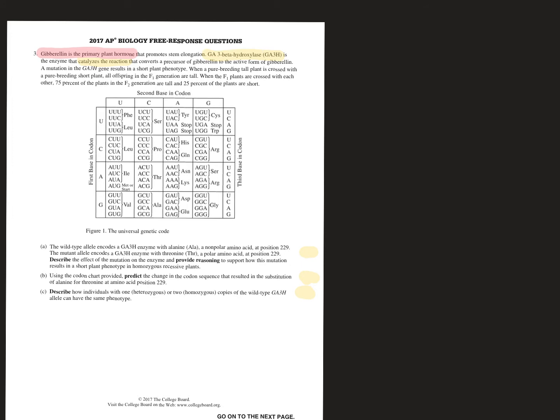So let's go ahead and write it out. You have, I'm just going to call it pre-gib. You got some kind of reaction that makes gib. I'm just going to write gib because I'm not going to spell that whole big word. And the enzyme that catalyzes that reaction is GA3H, right? I put it above the arrow because it's not involved in the reaction.